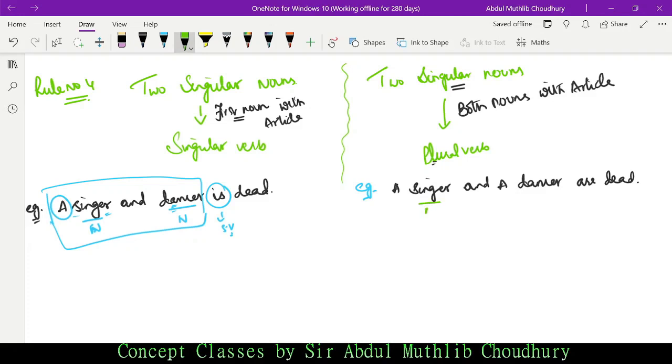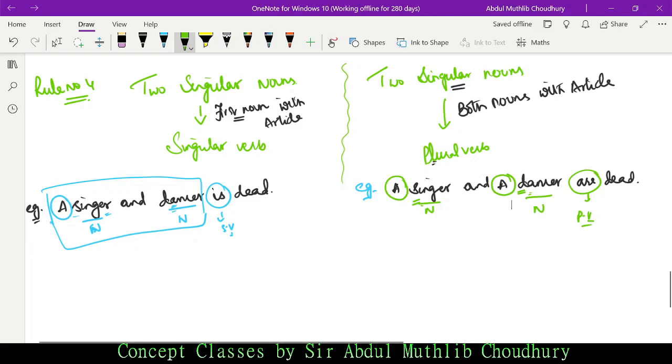Now singer is a noun, a dancer is also a noun, but in both cases I have used an article before the first noun as well as another article before the second noun. Therefore the verb which is used is a plural verb, because the singer and the dancer are not the same person, these are two different persons.